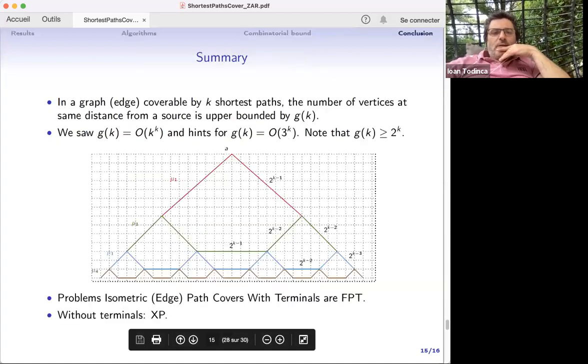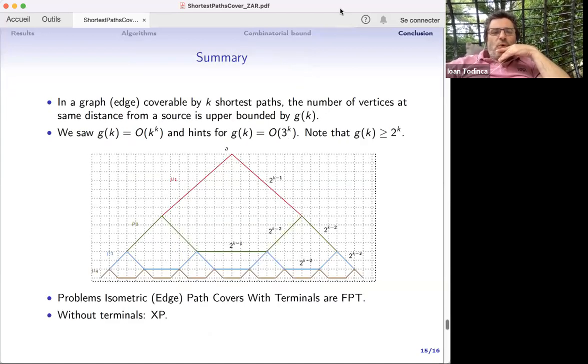Okay, so to sum up, what have we done? I proved that if a graph is edge coverable by k shortest paths, then the number of vertices at the same distance from any source is upper bounded by a function of k. I showed the k to the k, and then I hand waved for 3 to the k.